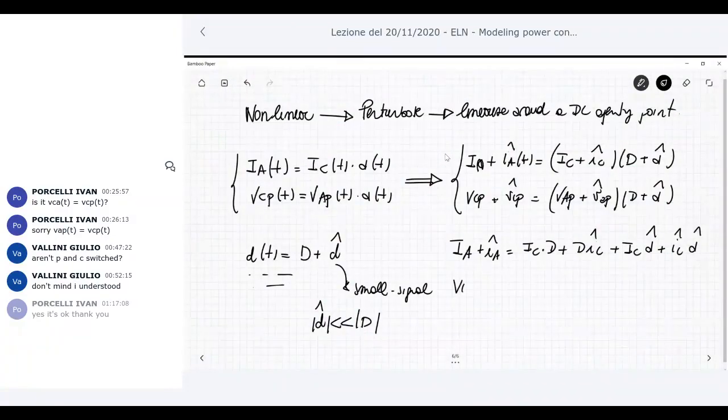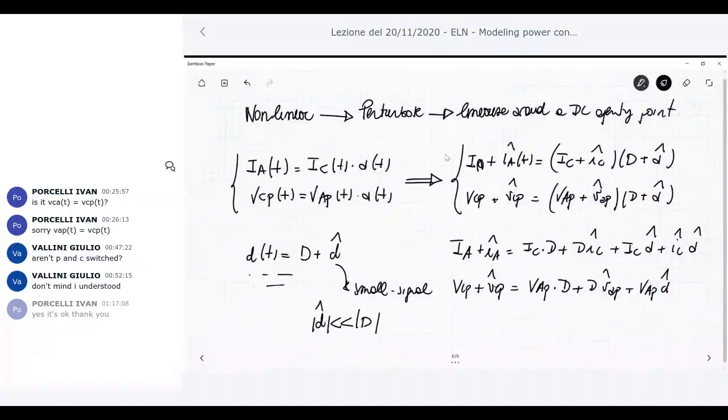Then you have VCP plus VCP hat, which is VAP D plus D VAP hat plus VAP d hat plus VAP hat d hat.